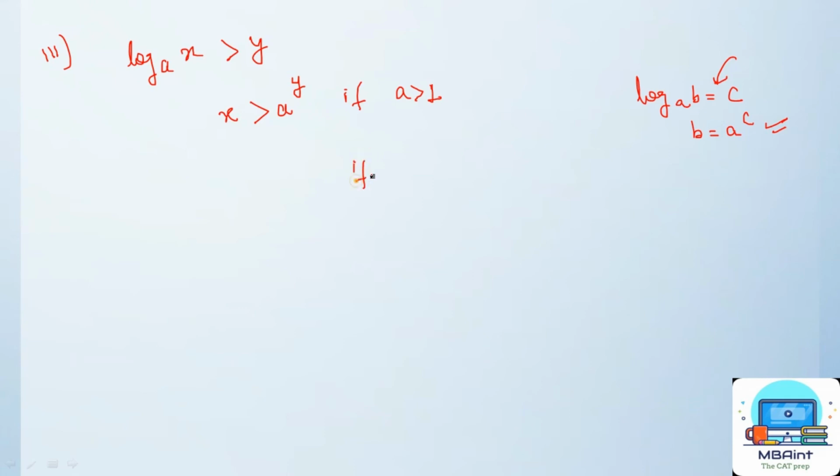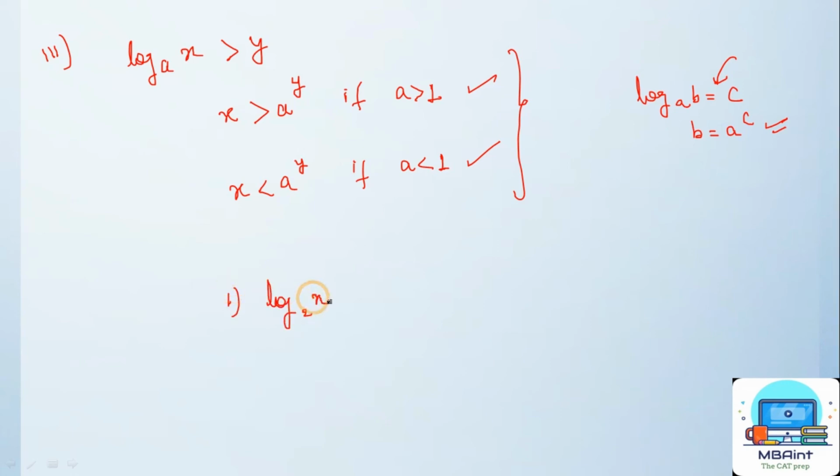But what if my base is not greater than 1, if it is half or something like that? In that case, remember that x is not going to be greater than a to the power y. So guys, these are very crucial points I'm discussing with you, and I hope you're going to keep this in mind. I've also shown you a few examples so that you can relate. If you still want me to show one example here, I'll happily do that. Let's say I have log base 2 of x greater than y.